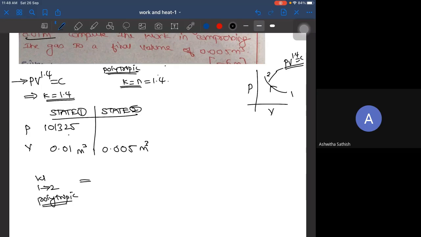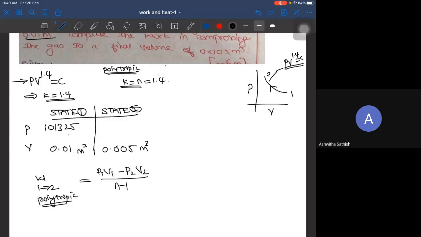Ashwita, how do I calculate the work done from 1 to 2, which is a polytropic process? P1 V1 minus P2 V2, divided by n minus 1. Now, in this particular equation, Benoy, do I have all the values?